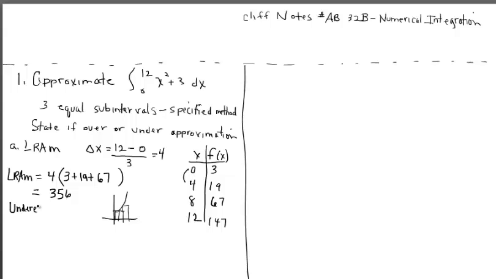You'd want to state that: underestimate, justify, underestimate because left endpoints, increasing curve. The more important thing to say here is because it's an increasing curve. They know it's left endpoints because they told you to use a left endpoint. Increasing function.